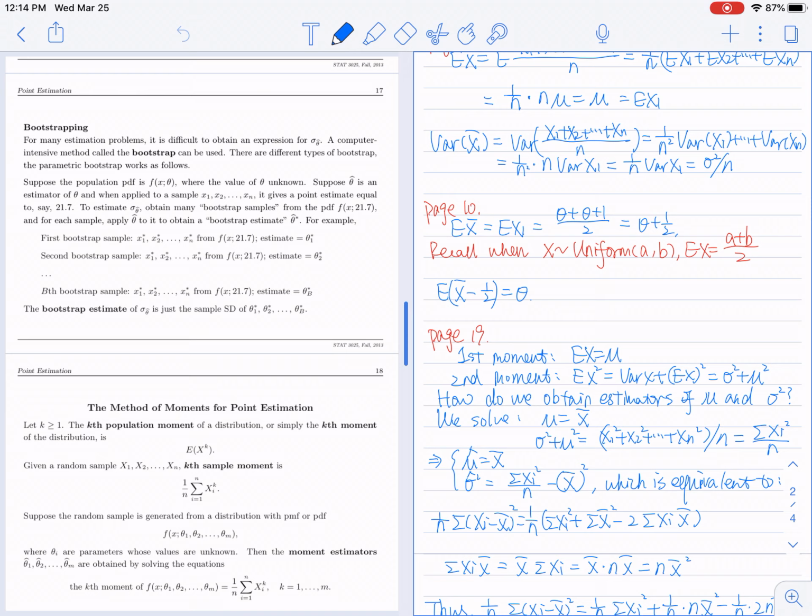So we come up with this bootstrap method. So here's how the bootstrap method works. Suppose that we have a theta hat as an estimator from a sample, and it gives an estimate of 21.7.